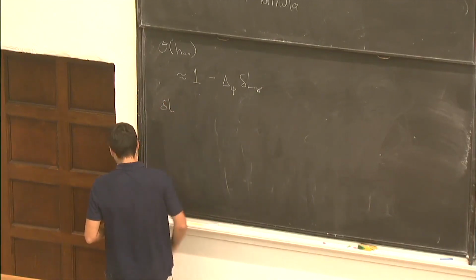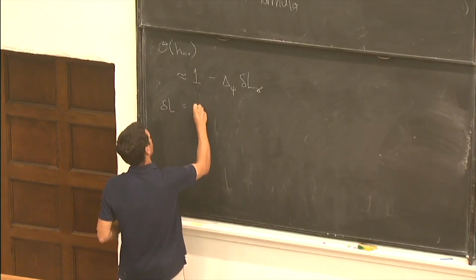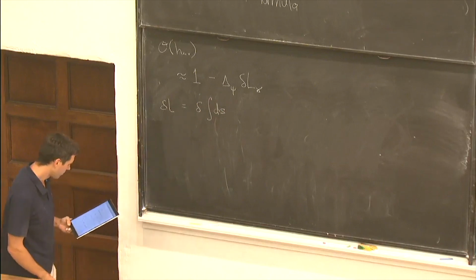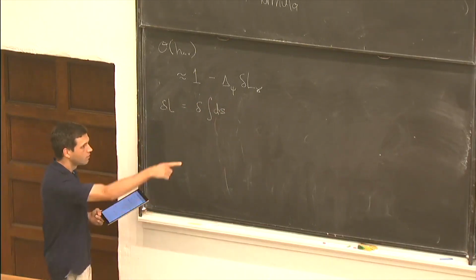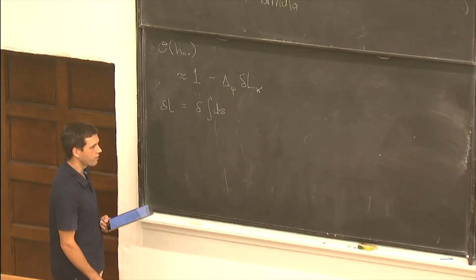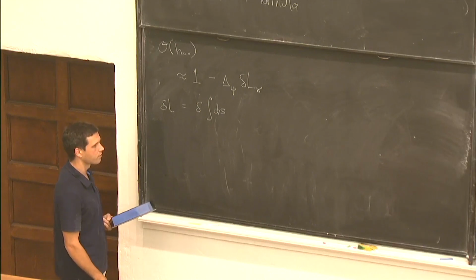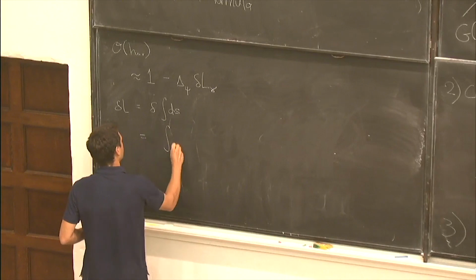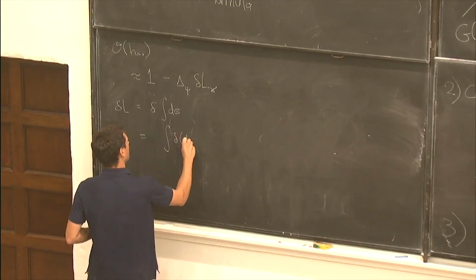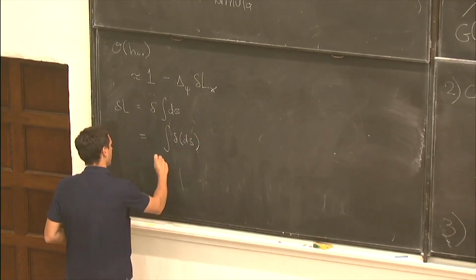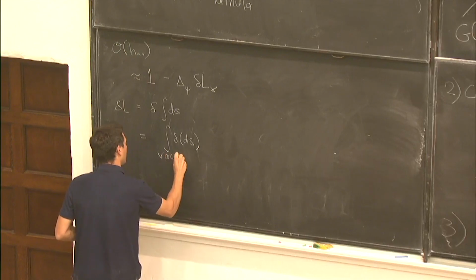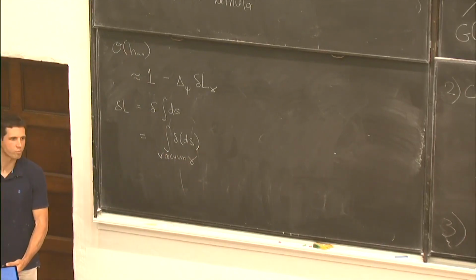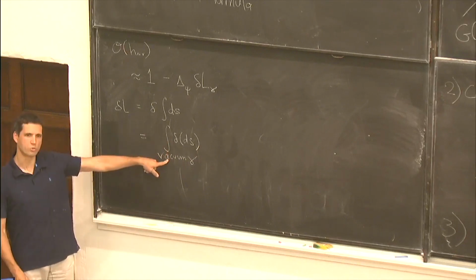So delta L is just the linearized change in geodesic length connecting these 2 points. Since geodesics are extremal, you can just integrate the metric perturbation over the vacuum geodesic.